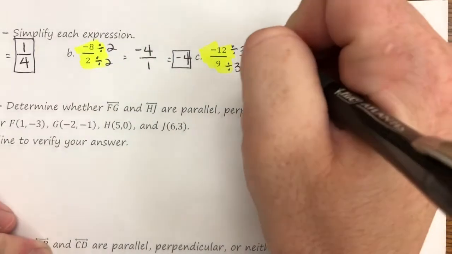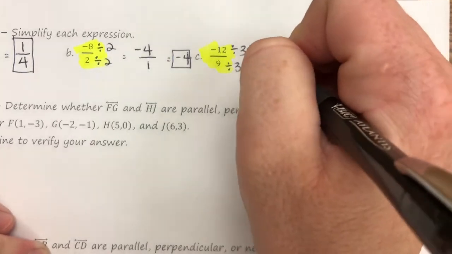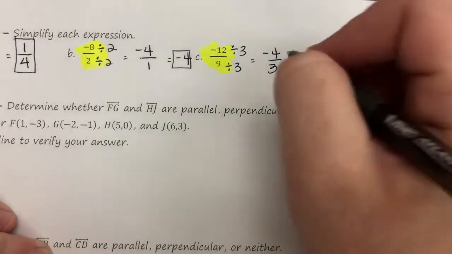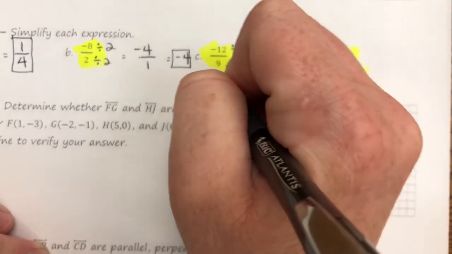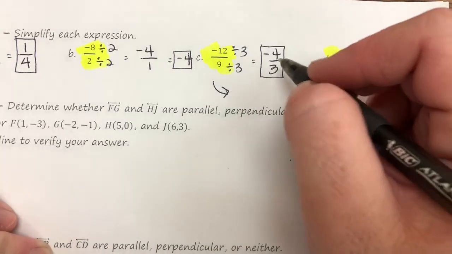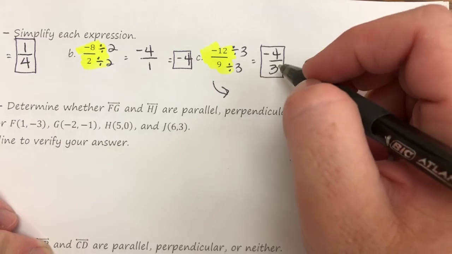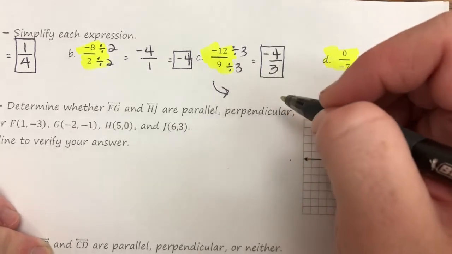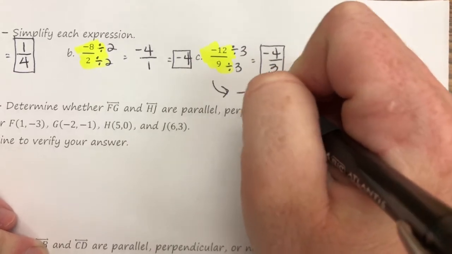Negative 12 divided by 3 is negative 4. 9 divided by 3 is 3. So I have this answer. This is correct, but I still can simplify. Negative 4 over 3 is like saying negative 3 over 3 and negative 1 over 3 together, right? We're adding those together. So it's really negative 1 and 1/3.